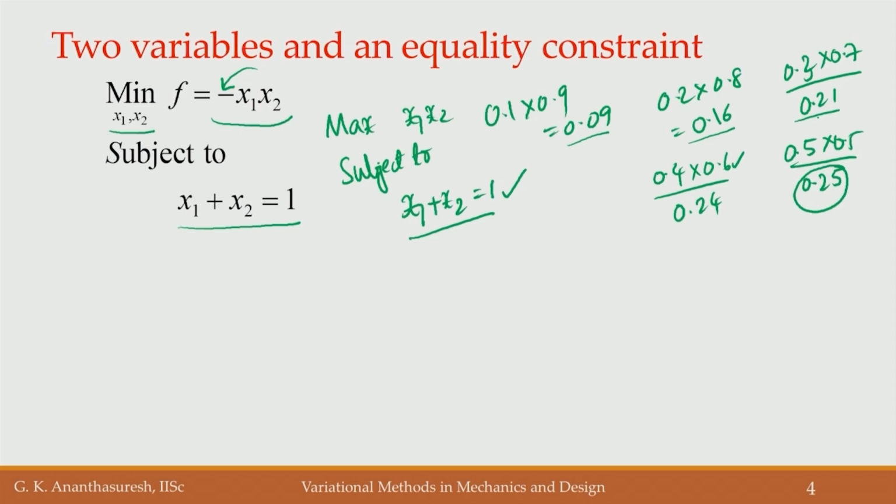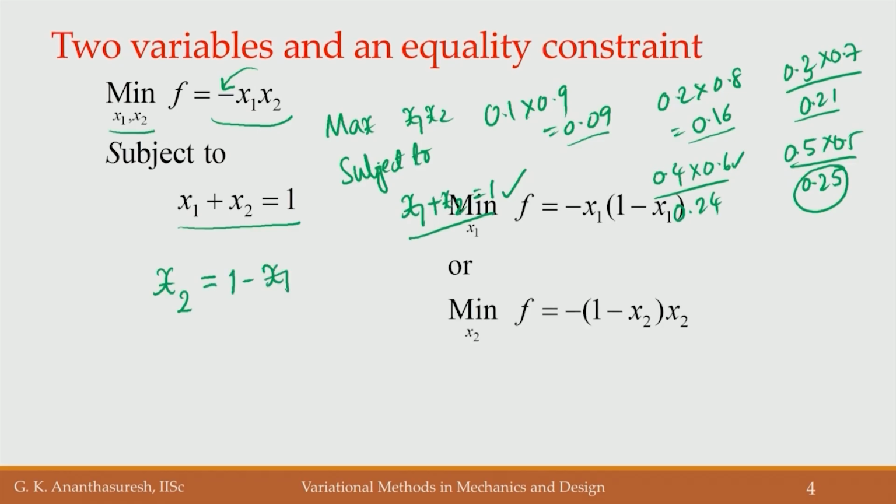Instead, we can eliminate one of the variables. I can say I want to eliminate x2 in terms of x1. If I do that, I get a problem such as this.